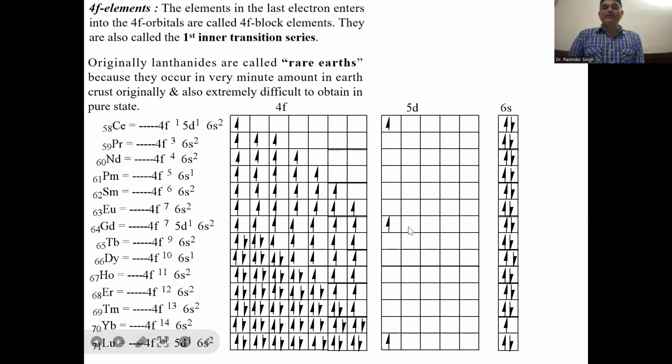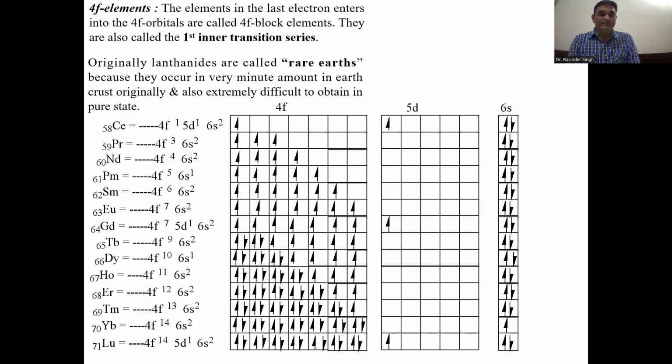These are the elements in which the electron is present in 5d. That's why in the general configuration we have written one electron in the 5d, that is 0 to 1. In some cases there is no electron in 5d. But there can be some exceptional cases also.